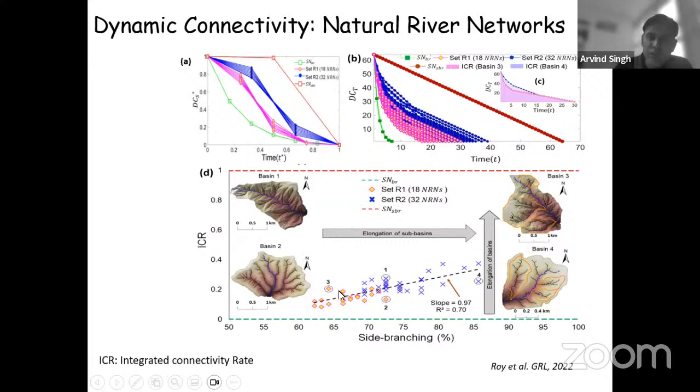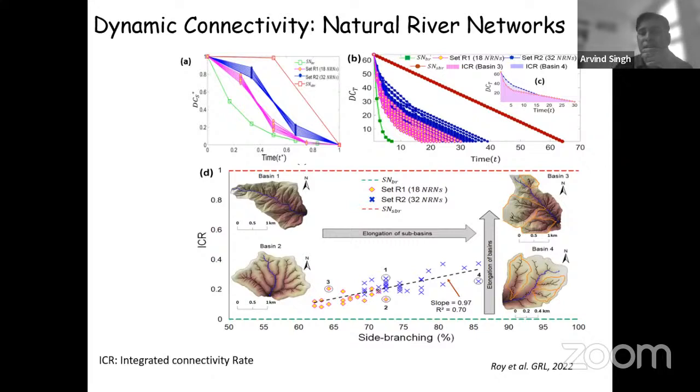On the other hand, when we compare the basins with the same connectivity rate but varying side branching, in this case basin 3 exhibits a lower side branching percentage, whereas basin 4 exhibits higher side branching.